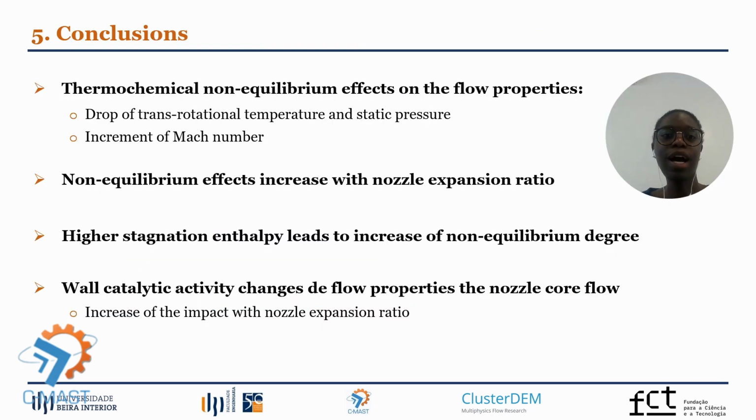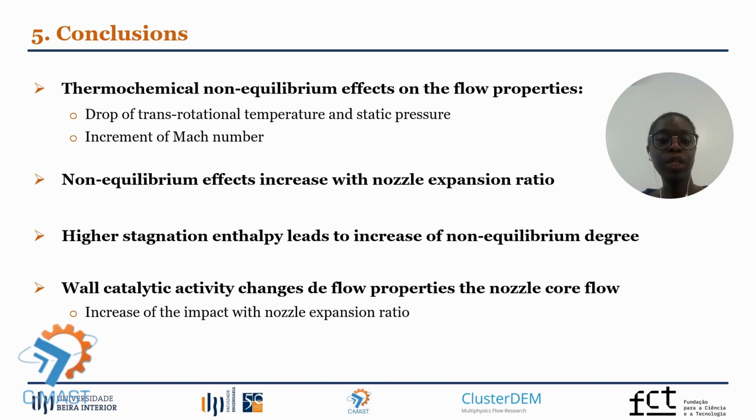So after this analysis, we can conclude that the thermochemical non-equilibrium affects the flow properties at the nozzle exit and the test chamber by dropping the transrotational temperature and the static pressure, and also increasing the Mach number.